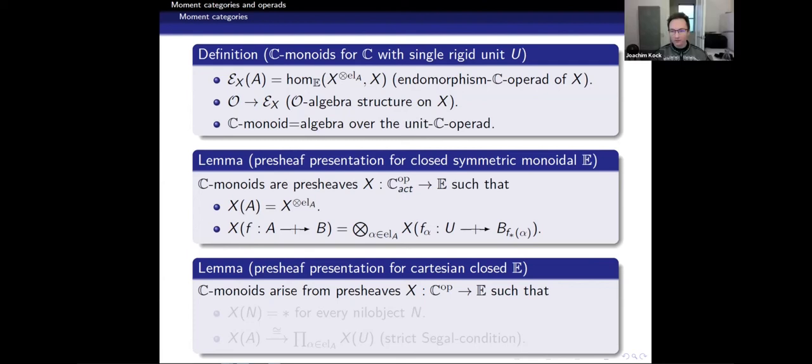Okay. Are there more questions? Yes, I have a question. Clemens, I just wanted to get the intuition, maybe just to check if my intuition is correct. So the objects of the moment category are basically what the input shapes of multimorphisms for the corresponding C-operad should look like, right?